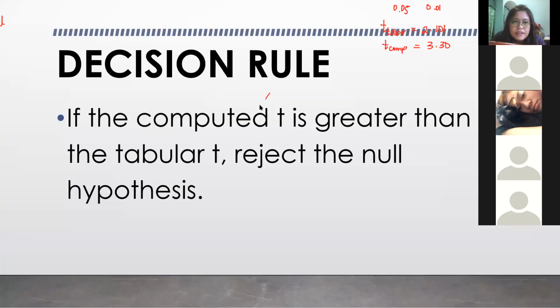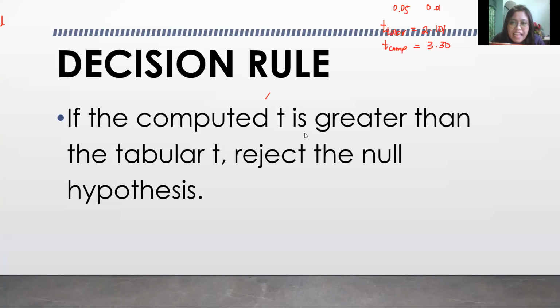Okay? So the decision rule is the same as in our z-test. If the computed t is greater than the tabular t, reject the null hypothesis. Again, if the computed t is greater than the tabular t, reject the null hypothesis.